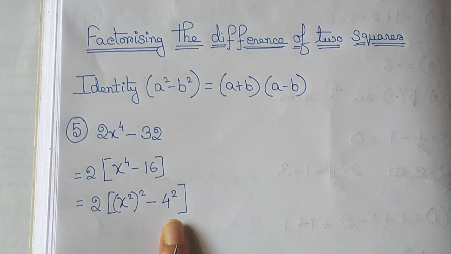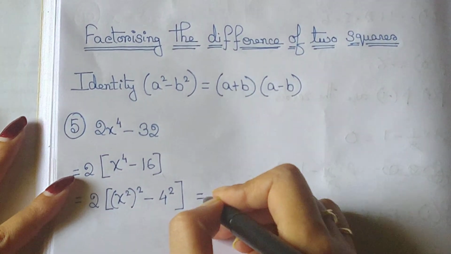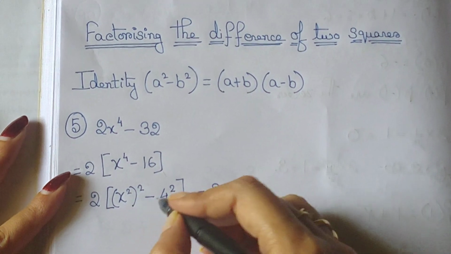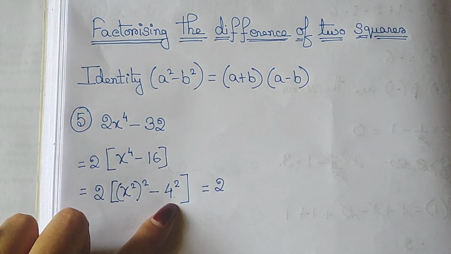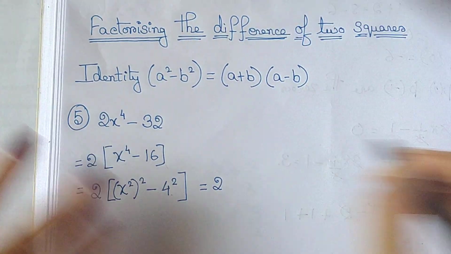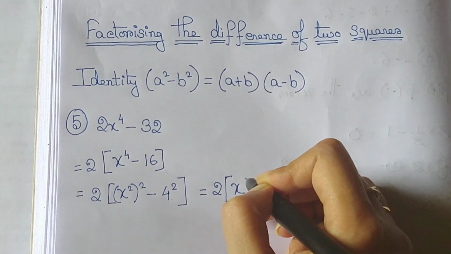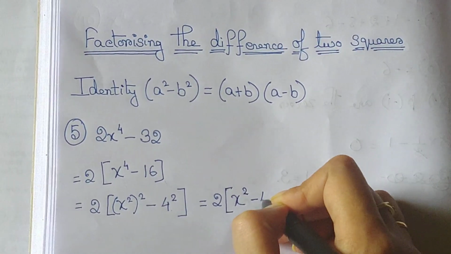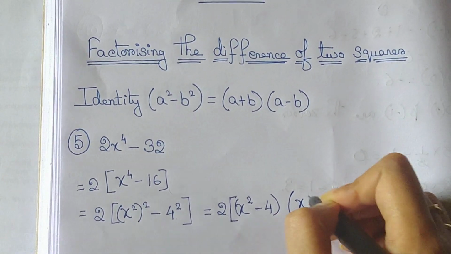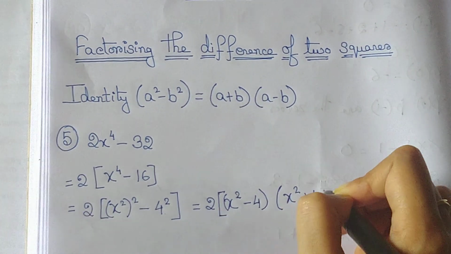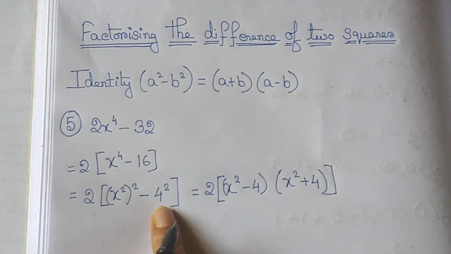Now it has come to a square minus b square form. That can be written as x square minus 4 square. So this is your a, this is your b. So I will be writing it in the form x square minus 4, that is your a minus b, and x square plus 4, this is your a plus b, because this is a square minus b square.